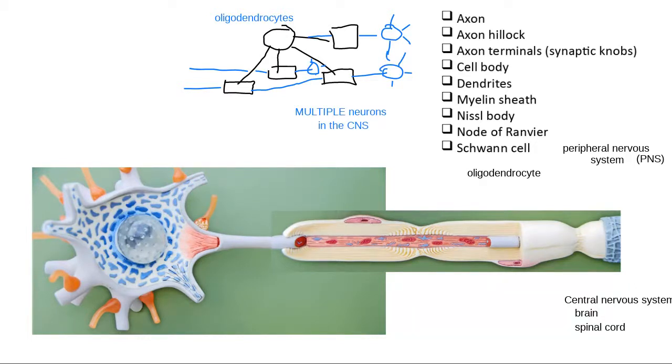So my black cell here, I'll give it a nucleus. This is my oligodendrocyte. All of these areas here are the myelin sheaths that it's making around lots of different neurons. So oligodendrocytes build myelin sheaths for many different neurons at once. A Schwann cell only builds the myelin sheath around a little tiny space of one neuron.